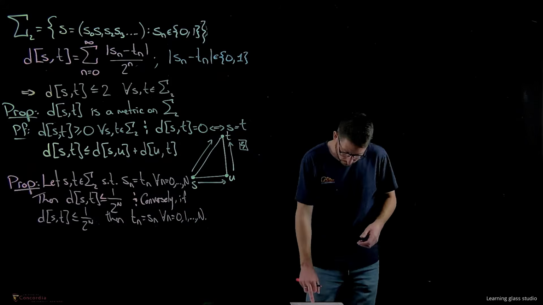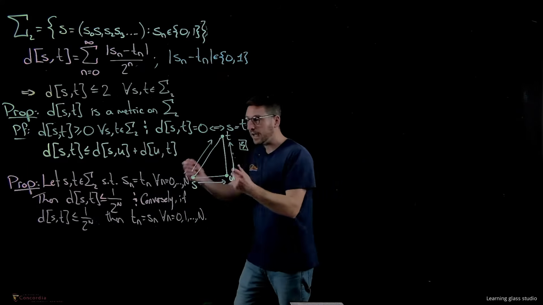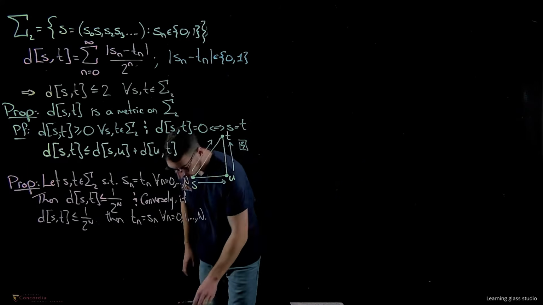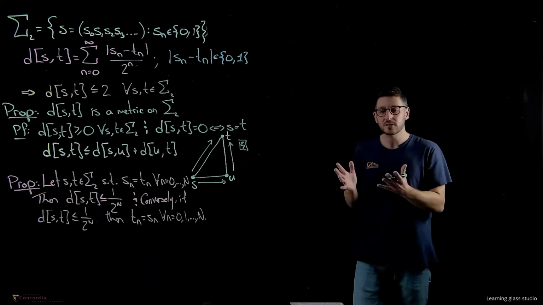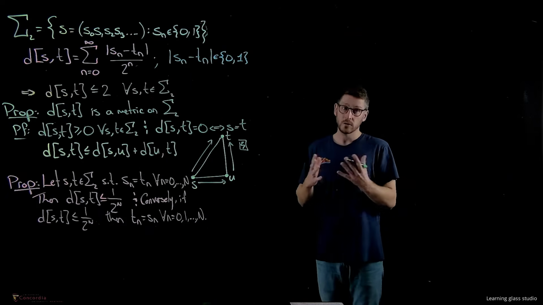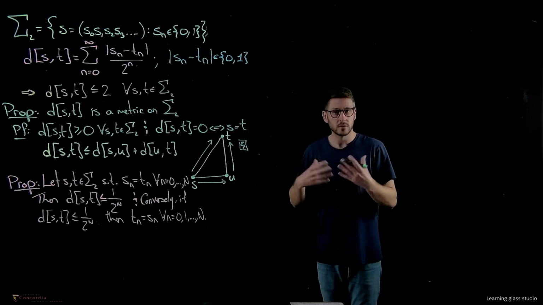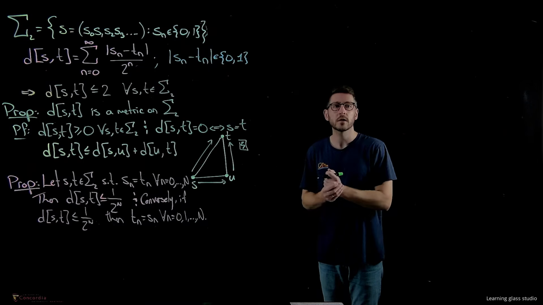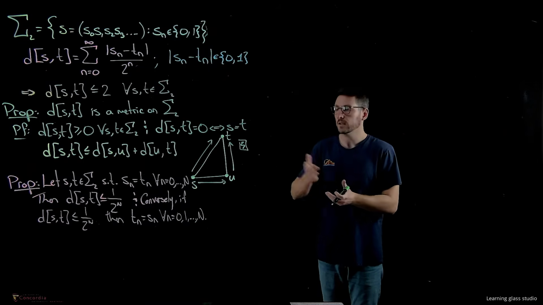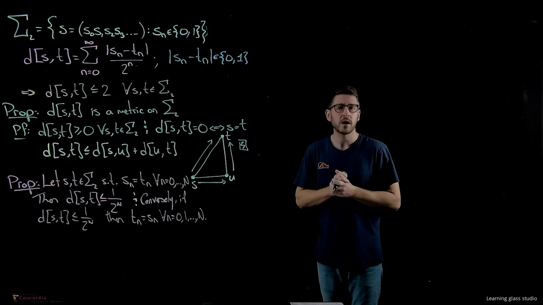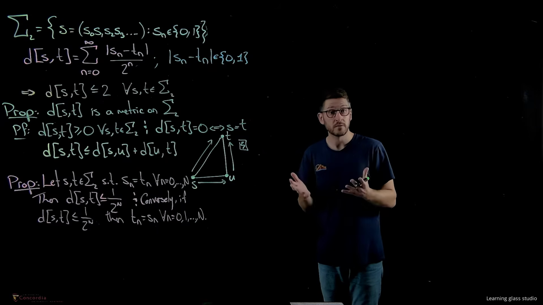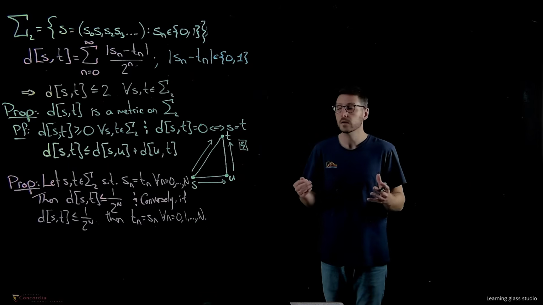I'm going to leave this for you to prove because I think it's a nice exercise in really trying to understand an abstract metric space, right? So you might be used to certain metric spaces like the Euclidean space, right? We have the Euclidean norm, the 2 norm if you want, the vector norm that you're used to, and that also satisfies the triangle inequality. Maybe you've done a little bit more abstract math where you've seen spaces of functions and you talk about the maximum of the function over a compact space.